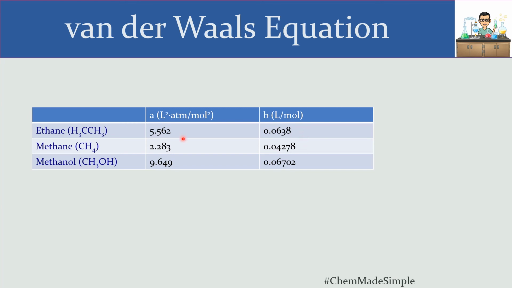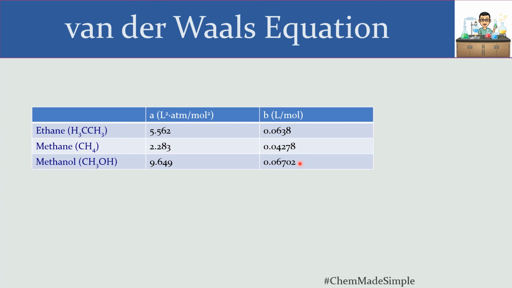In terms of their A values, both of these molecules are nonpolar, but ethane, because it's larger, experiences more London dispersion forces. So that's why the A term for ethane is a good amount larger than the A term for methane. Now, if I contrast the last two entries here, methane and methanol, methanol experiences hydrogen bonding, so it has a great deal more intermolecular interaction with itself than methane would with another molecule of methane.